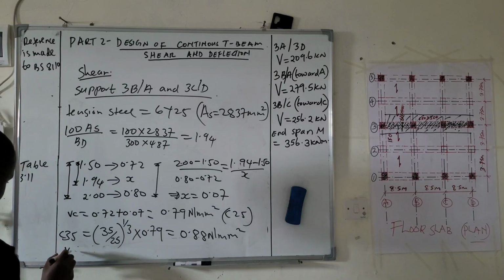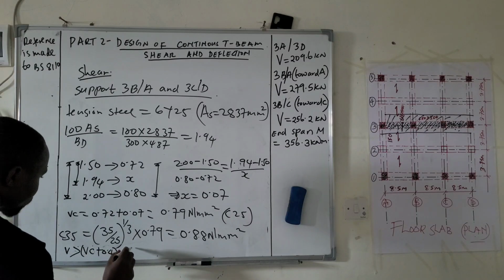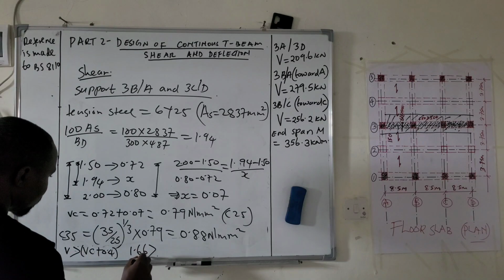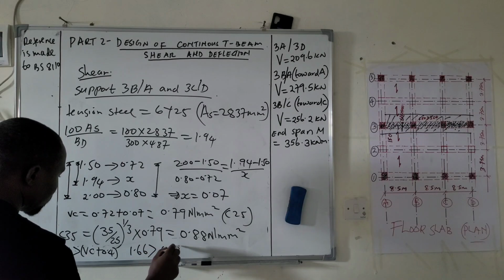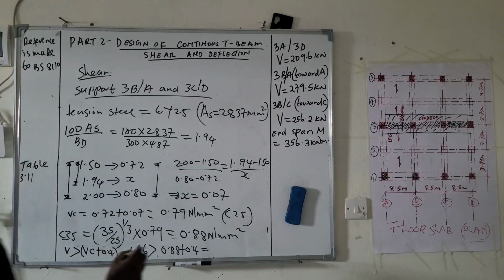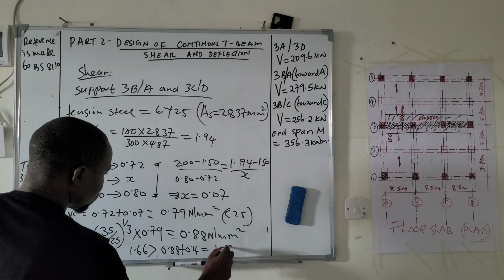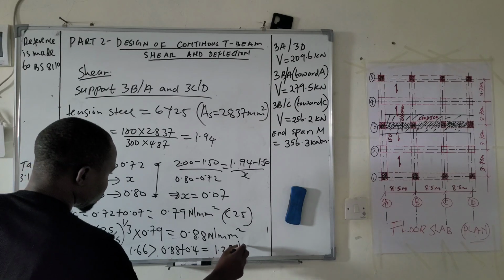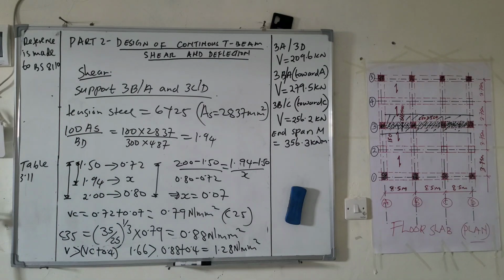So this is v is greater than Vc plus 0.4, not just Vc. So this is 1.66 is greater than 0.88 plus 0.4, which is 1.28 Newton per millimeter square. So now you will design link.